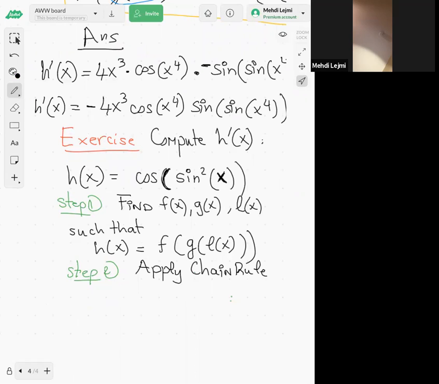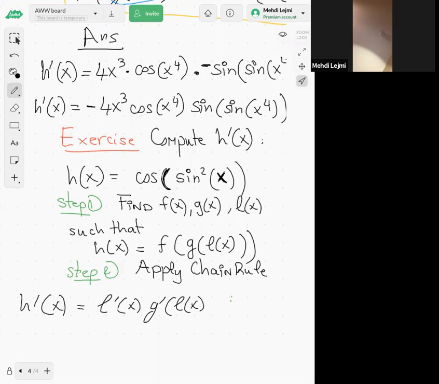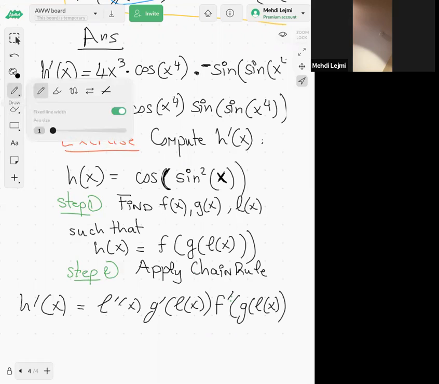Then your h prime should be L prime of x, g prime of L, f prime of g of L of x, right? All right, guys, so we have, let's say, 10 minutes to think about this and find h prime.